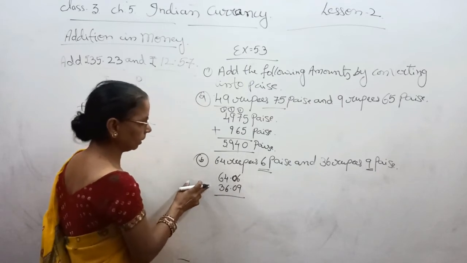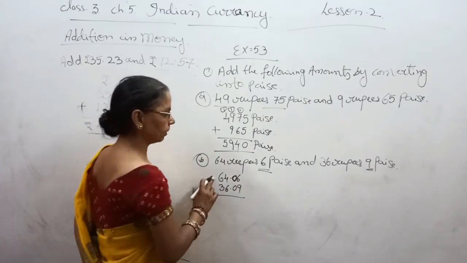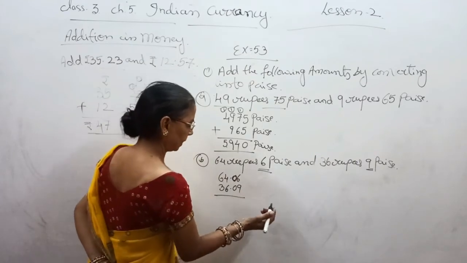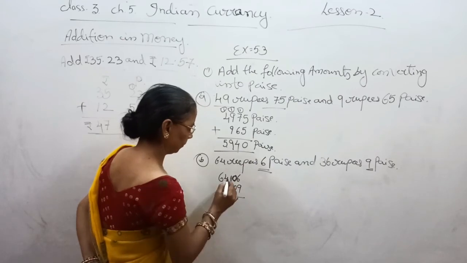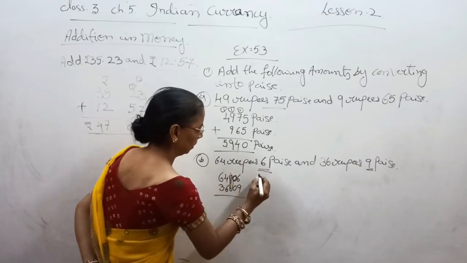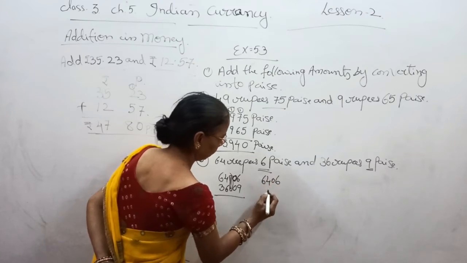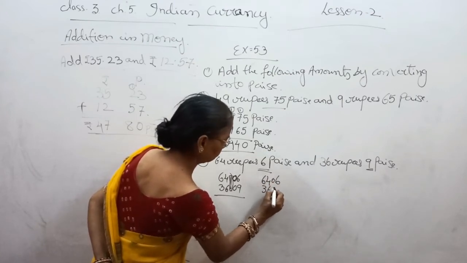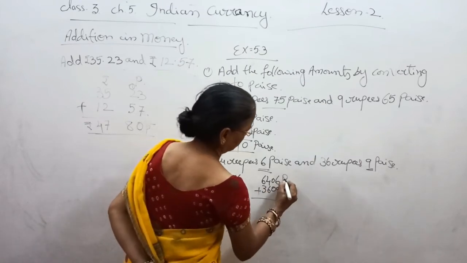Now we have written them in figures. Now we have to convert them into paise. Then simply remove the points and write 6406, then 3609. Now we have to add it.